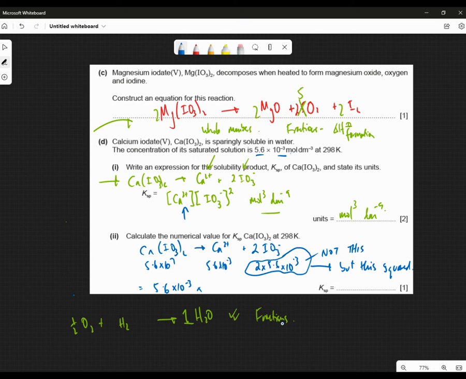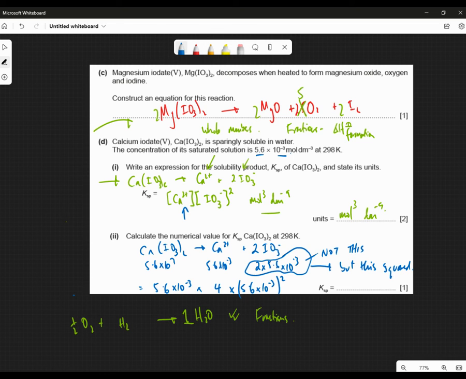Let's square it: the 4 is squaring the 2, times 5.6 times 10 to the minus 3 cubed. I'm going to use my calculator, and that's where the 4 comes from. It's 2 squared.